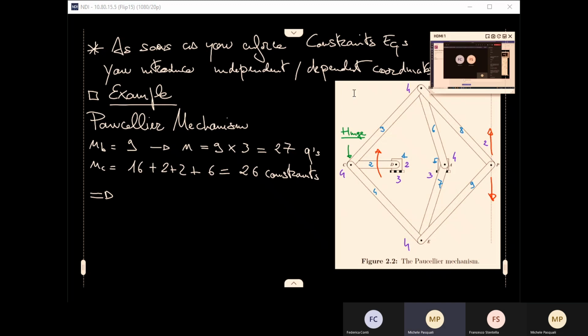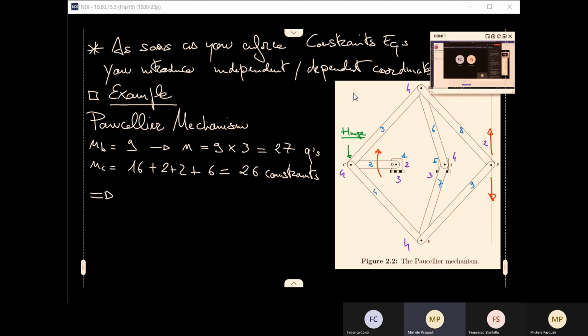So eventually, what you will expect when you see this mechanism working is that point P goes up and down as body 2 rotates around point D. So what is eventually the number of parameters that you need to describe such linear motion of the point P? It's just 1, right? It's the vertical position.